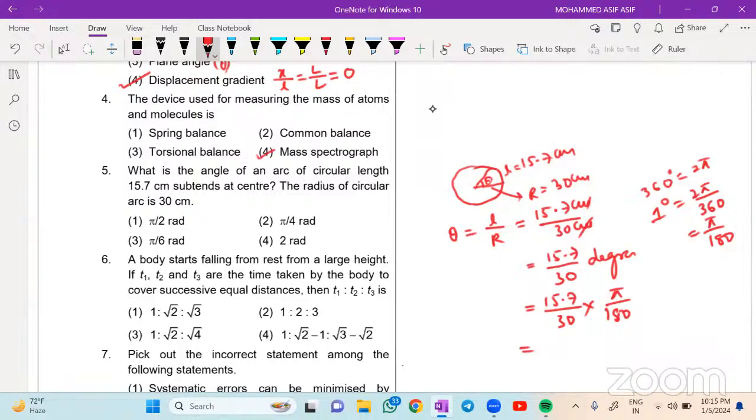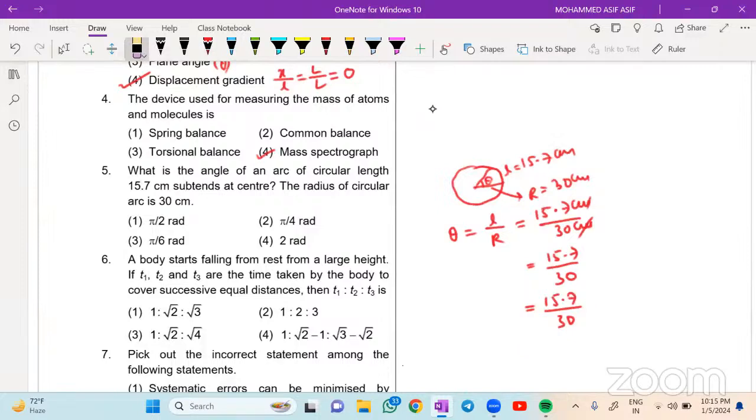Theta is measured in radians, sorry. So this value will become how much for me? Theta here is in terms of radians, which means this value will become 180 divided by pi. Done?